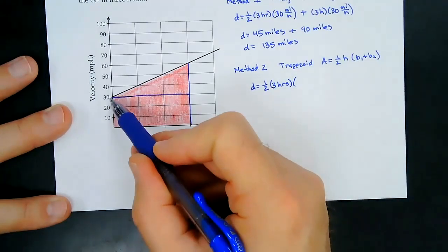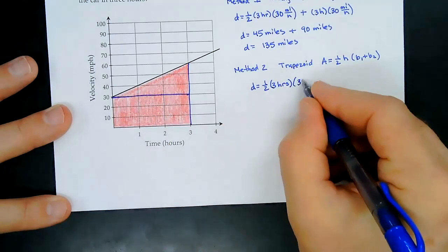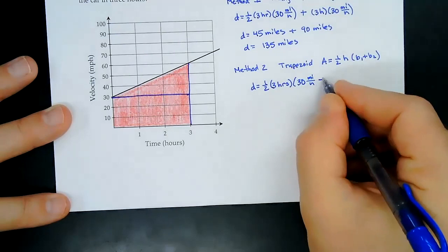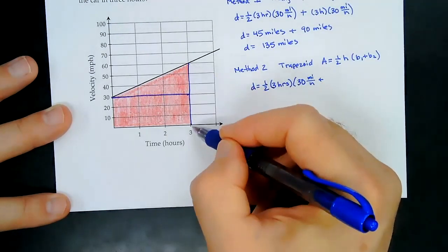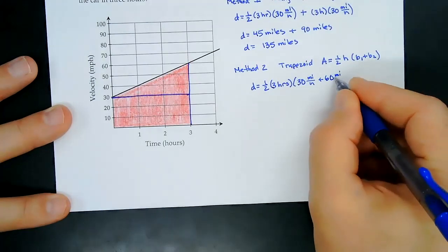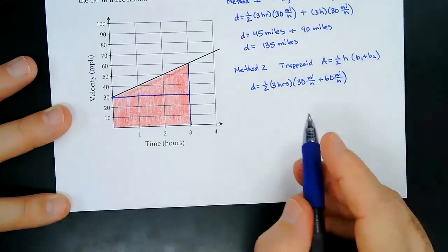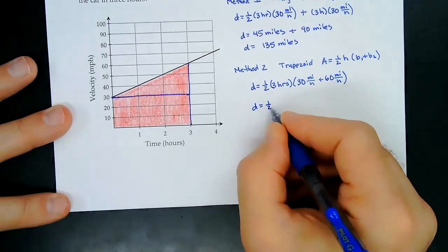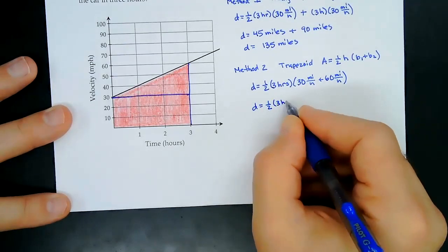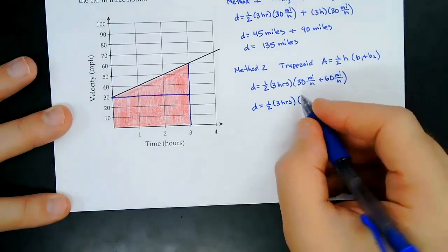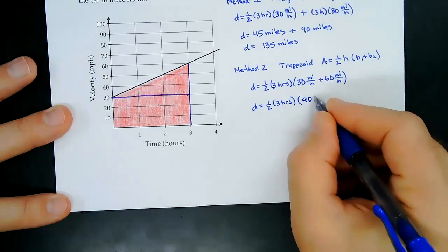So this base right here is 30 miles per hour, plus this base, which is 60 miles per hour. And if we add those, we get distance is equal to 1/2 times 3 hours times, and 30 and 60 makes 90 miles per hour.